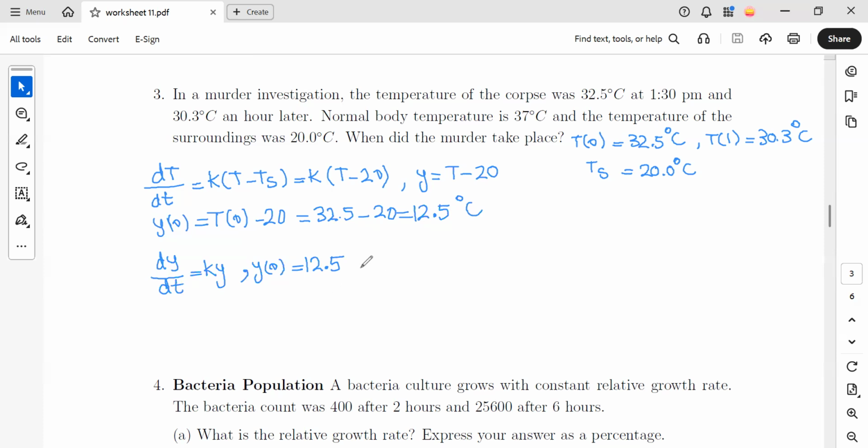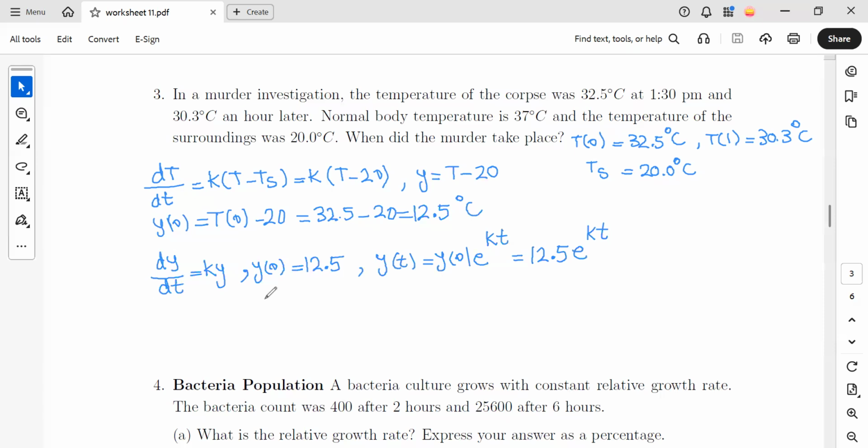Using theorem number 2, as we talked about in the lecture, we have y of t equals y sub 0 times e to the power kt as the model, which is 12.5 times e to the kt, because we found out that y of 0 is 12.5.